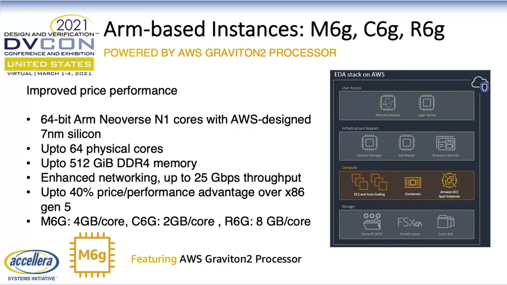The C6GN actually you can get up to 100 gigabits per second. But on all of them, the M6G, the C6G, and the R6G, you can get up to 25 gigabits per second of network throughput. And typically these families offer a 40% price performance advantage over the corresponding x86 generation family, for example, the M5 or the C5 or the R5.